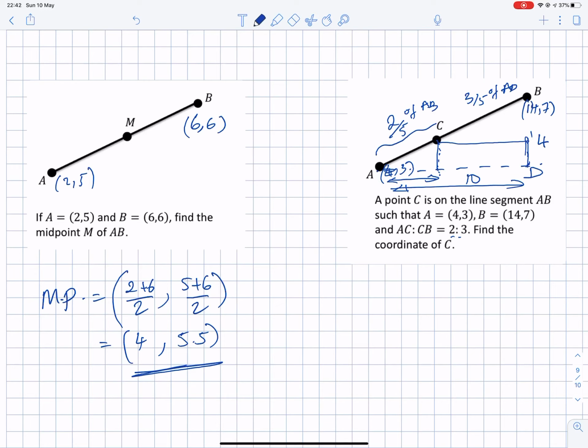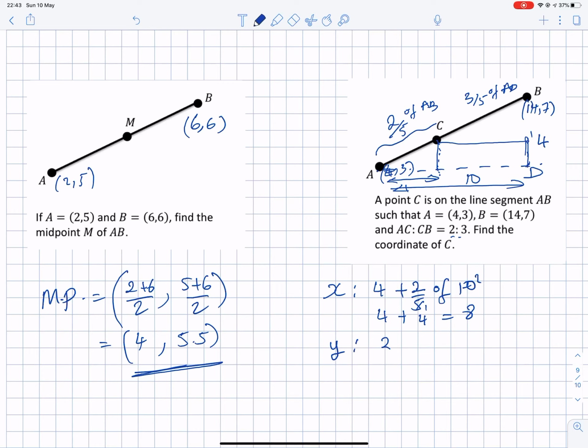Okay, so let's just start. Finding the coordinate for x is going to be already at 4 plus the 2/5 of 10. That will give you 4 plus 4, which equals 8. So the coordinate for x is going to be 8, and now we need to find y. Again, y starts at 3 and we need to know what's 2/5 of 4.